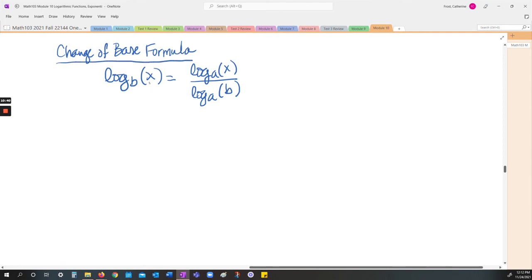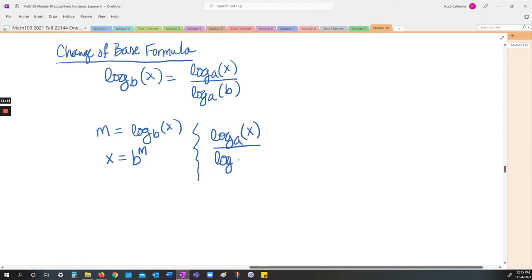Okay, so let's do something kind of similar. Let's let m again be log base b of x, and rearrange it so that we write x is b to the m power. And so let's start with this more complicated stuff on the right side: log base a of x over log base a of b.